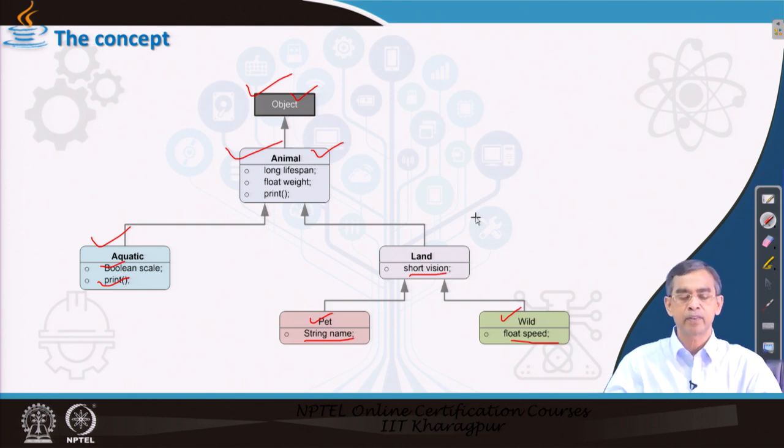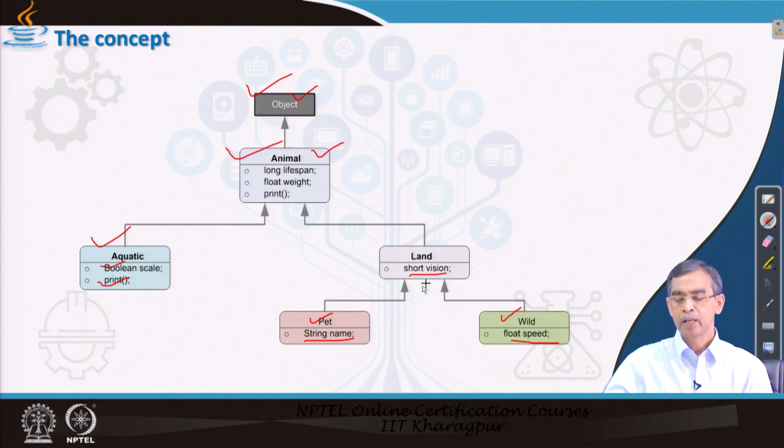Now, what is actually our requirement? In our program, we are going to write a program where we want to define everything generically. So, the objective is that we want to maintain a list, and the list contains any type of animals. In order to do this, we have to follow the generic class concept.